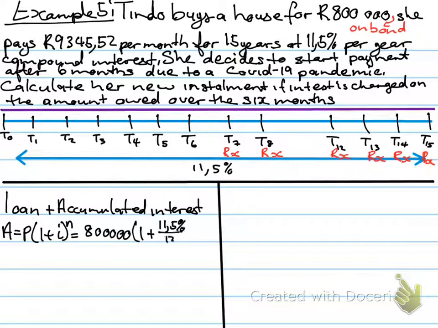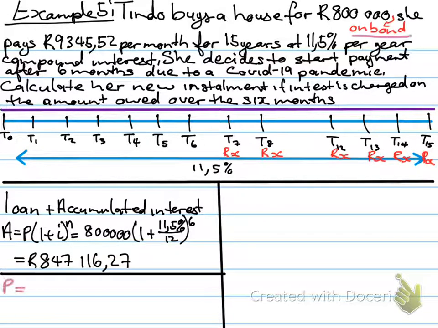So we use the compound formula. After using the compound formula, you see that Tindo will be paying 847,116 rands 27 cents for the remaining period. Is it 9 months? Yes, it's 9 months. Can you see that?